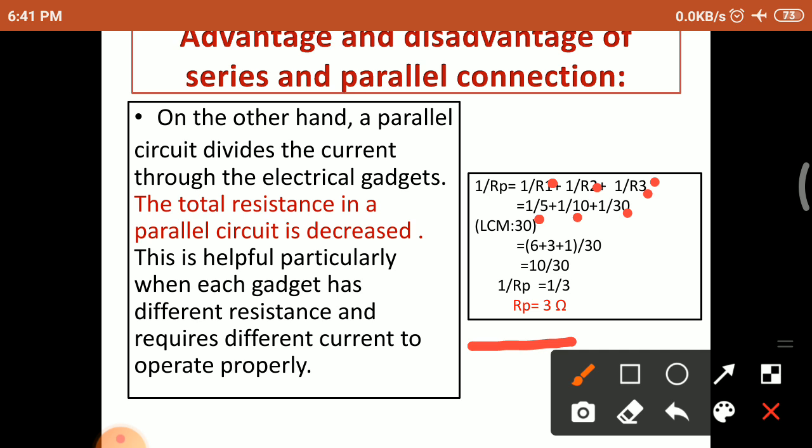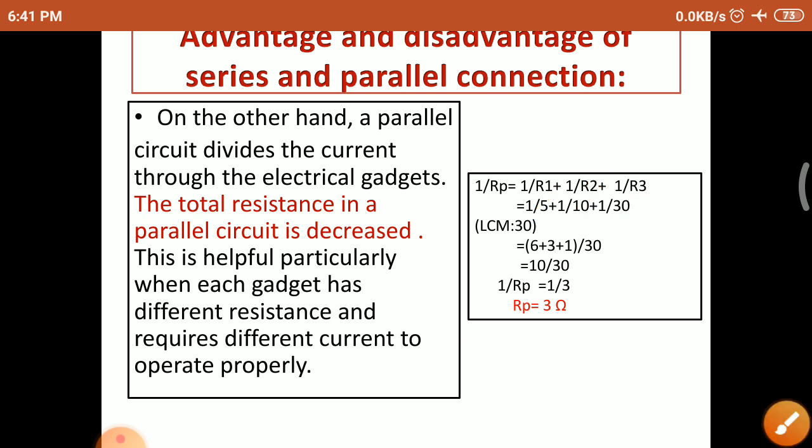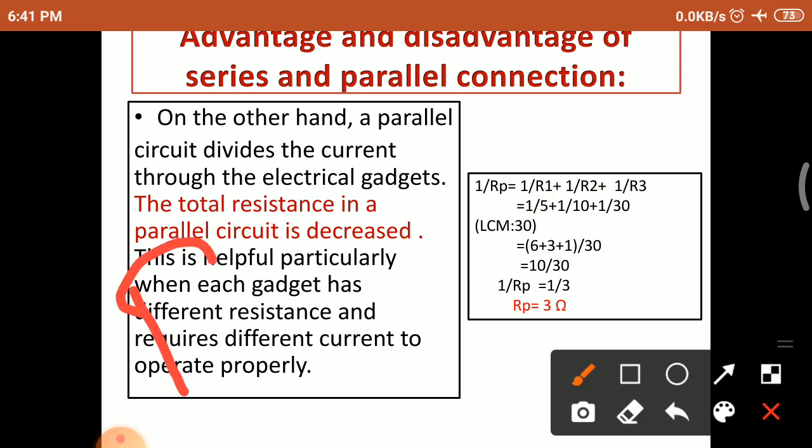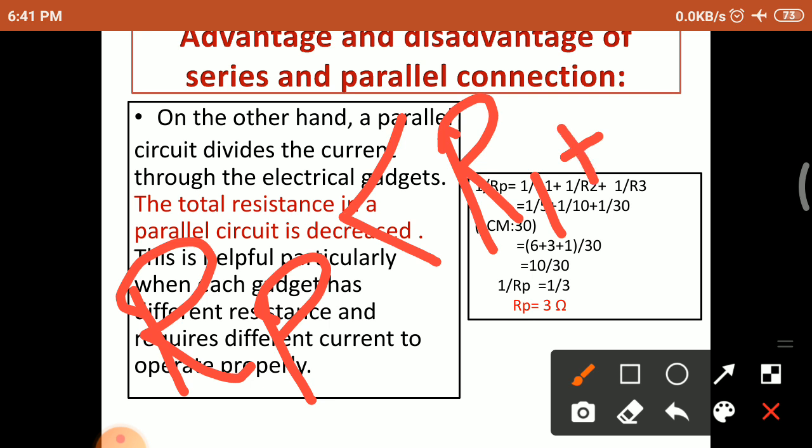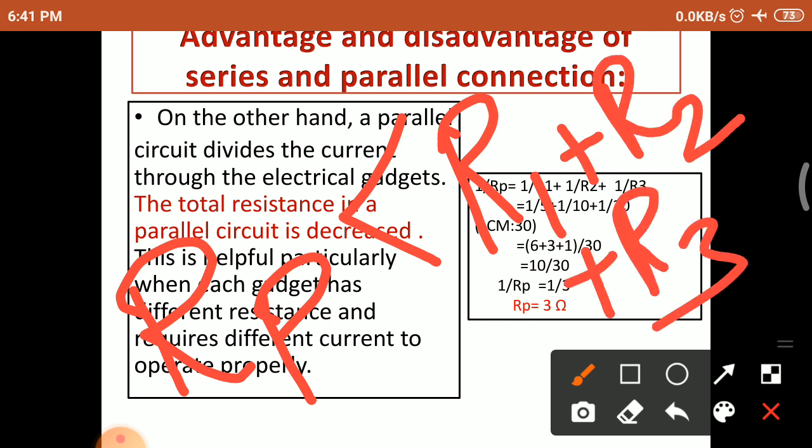Compare 3 with R1, the R1 is greater. Comparing Rp with R2, the R2 is greater. Compare Rp with R3, the R3 is greater. So from this we can say that in a parallel combination, Rp is always less than the individual resistors. This is a major advantage of parallel combination.